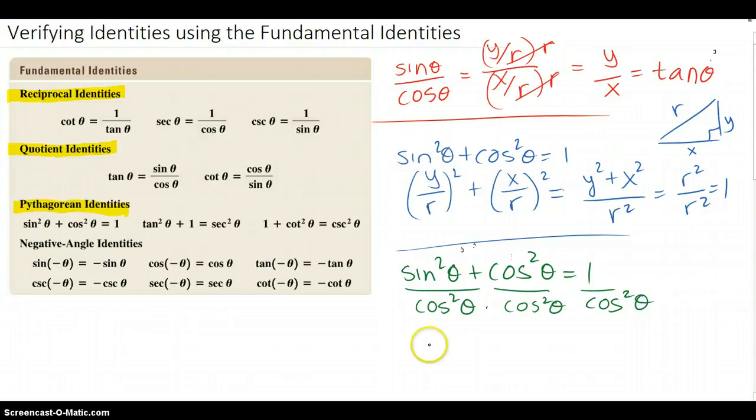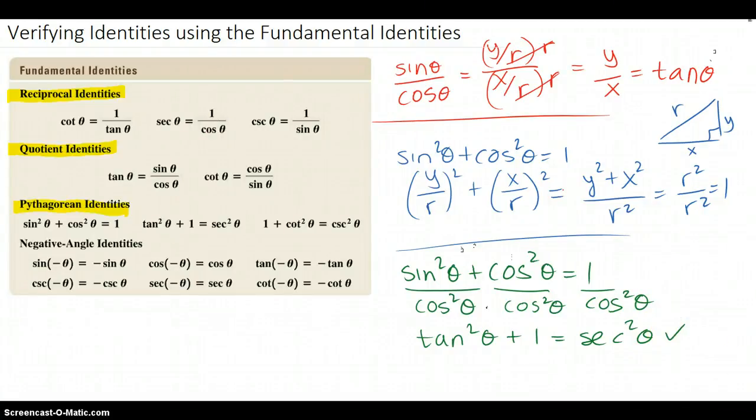What you would get is tangent squared theta plus 1 equals secant squared theta. Since sine over cosine is tangent, cosine squared over cosine squared is 1, and 1 over cosine is secant, so 1 over cosine squared is secant squared. And then you would have the second one.